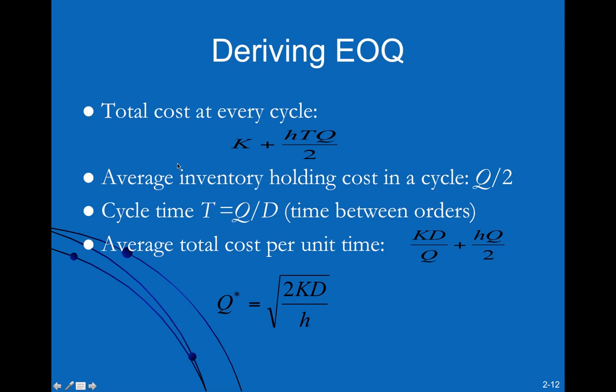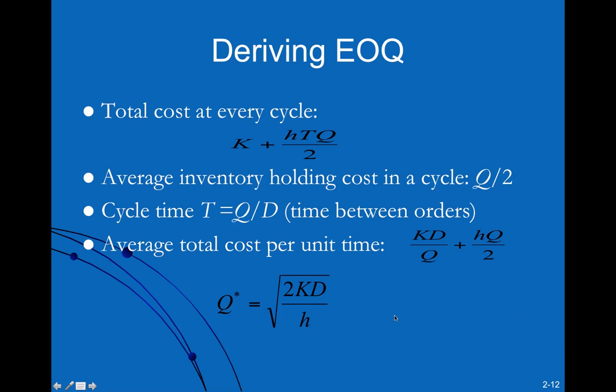So when we multiply each of these expressions by D over Q, we will get this as our total costs. And we could find the value of Q that minimizes this by doing differential calculus and end up with this formula right here. I will demonstrate all of that in a work problem in a separate video.